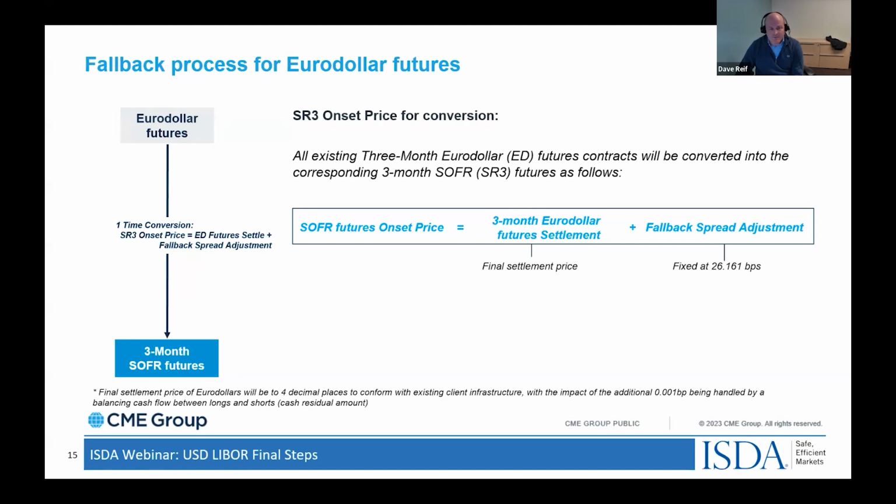And this conforms with typical client infrastructures technology. And so the impact of the additional thousandth of a basis point, that 0.001 basis point, it will be handled with a balancing cash flow between the longs and the shorts, a residual amount that will be made up, so it'll be made economically whole for both the longs and the shorts throughout the process.